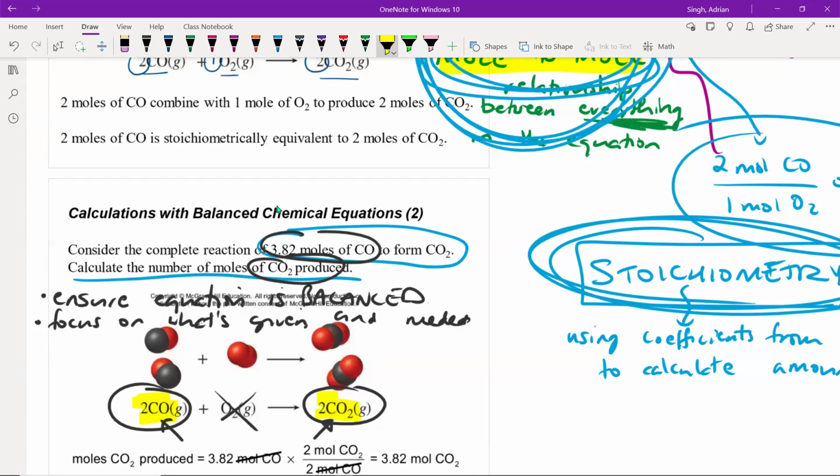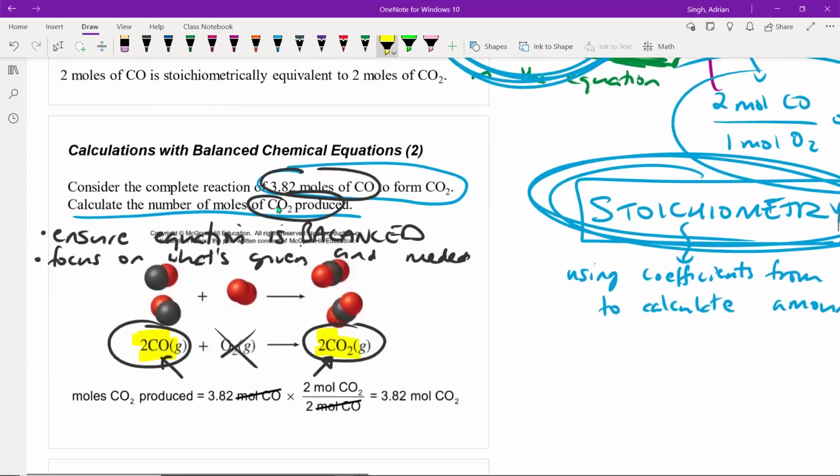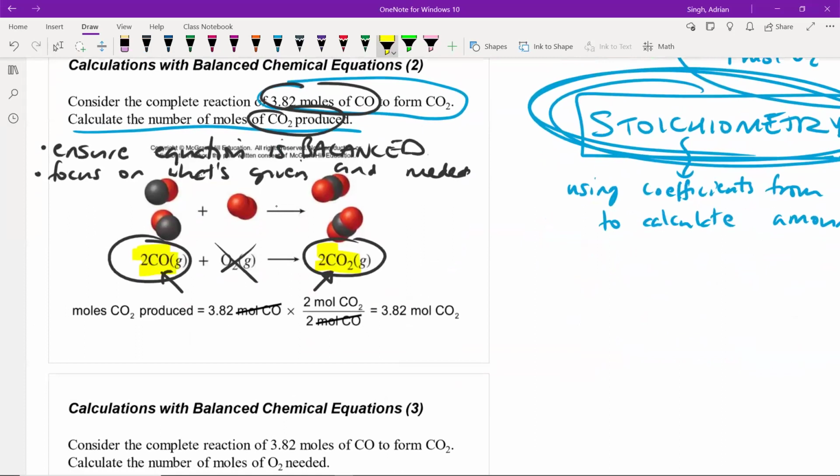The only relationship between them from this balanced equation is their coefficients, right? Which is a 2 to 2 ratio, and specifically that is a 2 to 2 mole ratio. Okay, so if I'm given 3.82 moles of CO, the carbon monoxide, from my equation, I know that 2 moles of CO2 are produced for every 2 moles of CO that's used up.